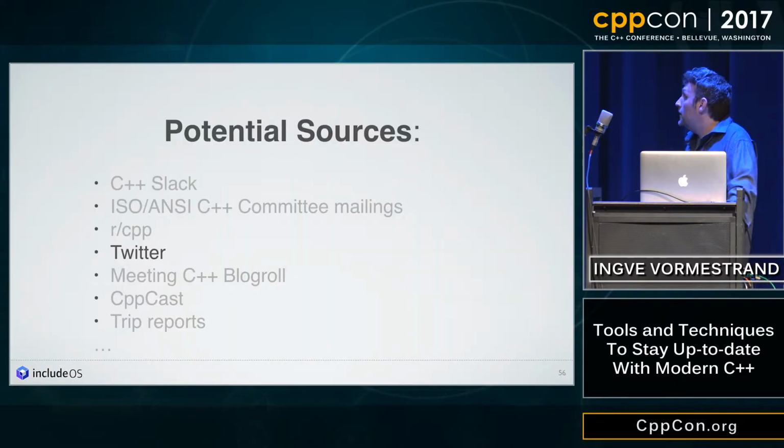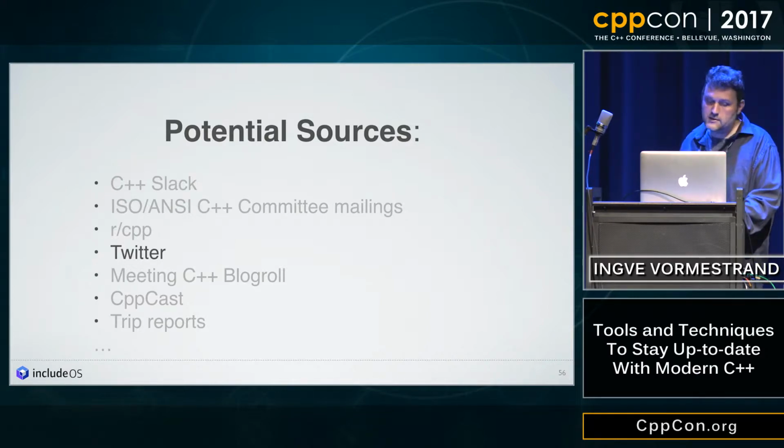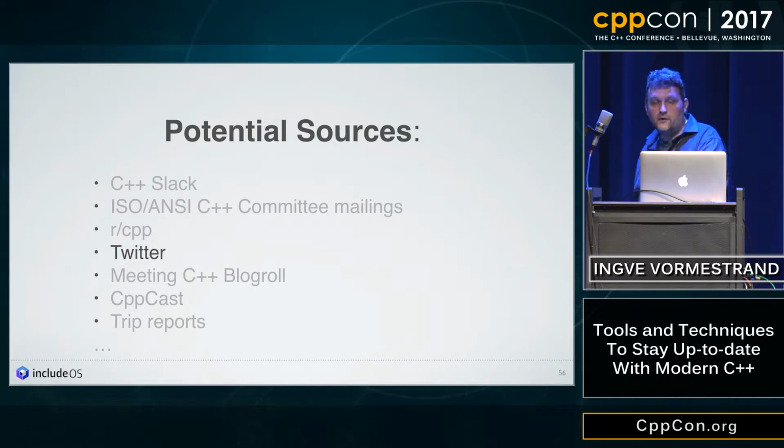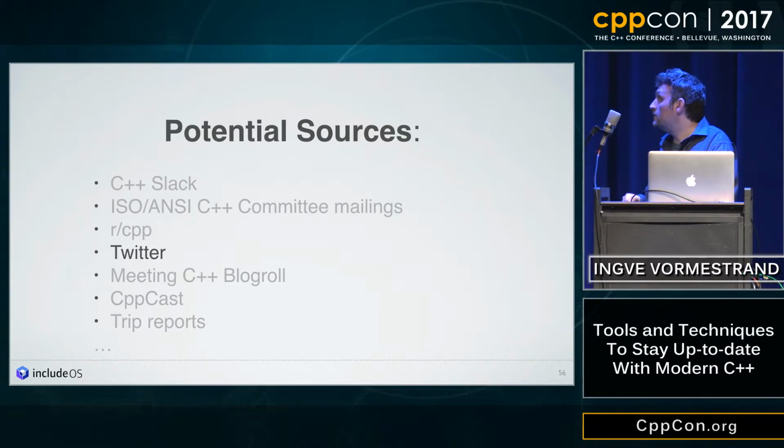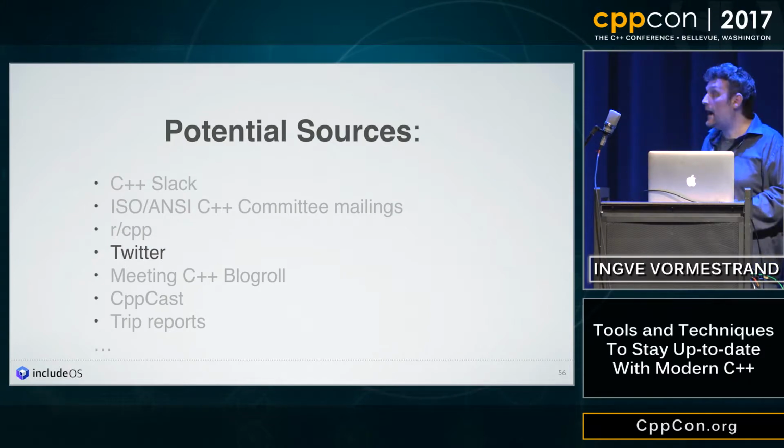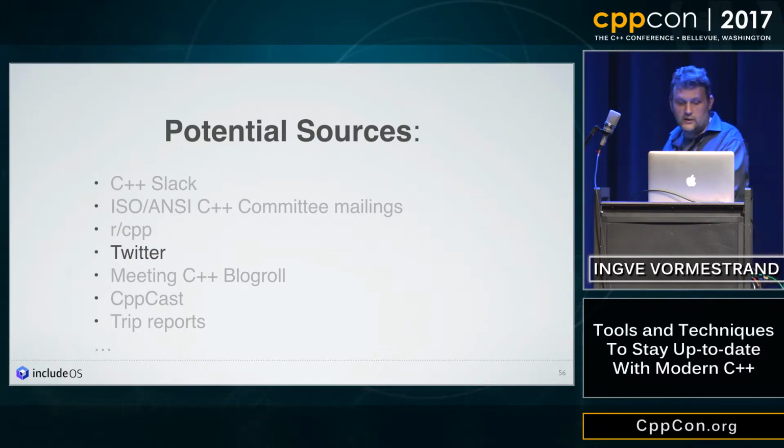Twitter. That's, of course, a perfect place when you're looking for snark and political fights and lots of time wasting. But if you have been at CppCon this year, last year, you will know that a surprisingly high percentage of C++ developers, or at least the kind of developers who go to CppCon, are very active on Twitter, and they post so many good links.